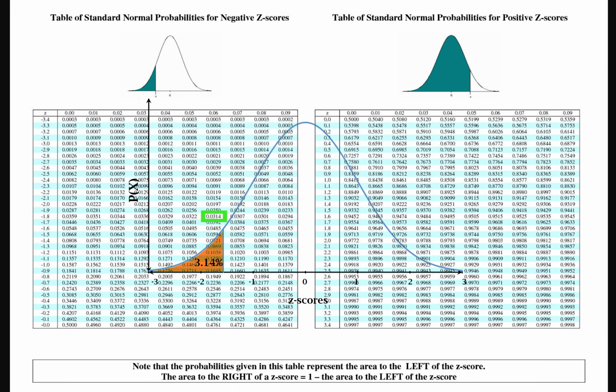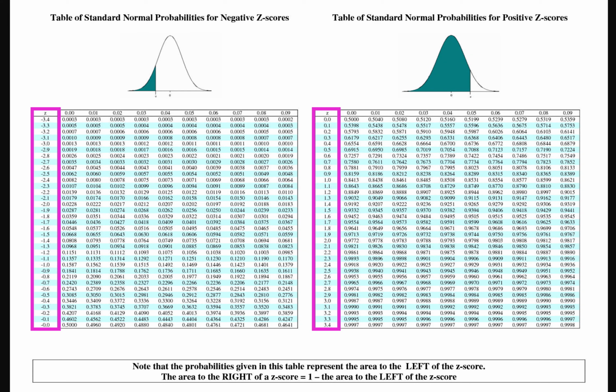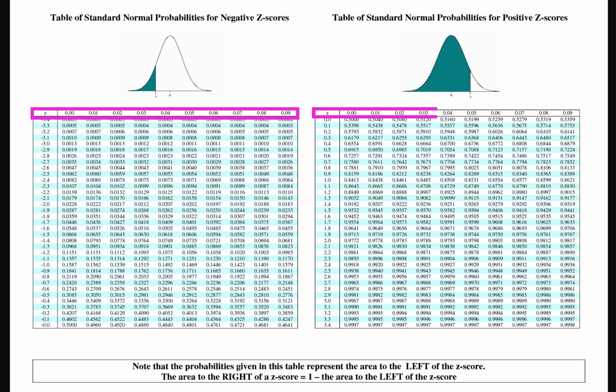This means that 3.14% of the total area under the curve is to the left of the z-score of minus 1.86. Notice how the ones place and the first decimal place can be found on the left-hand side column, while the second decimal place can be found in the top row.